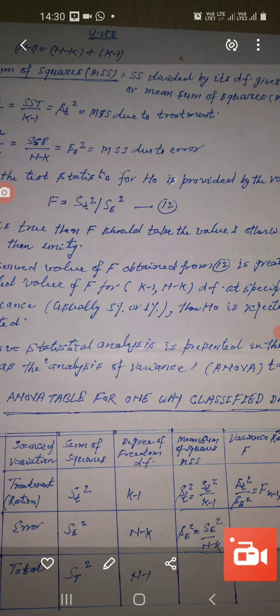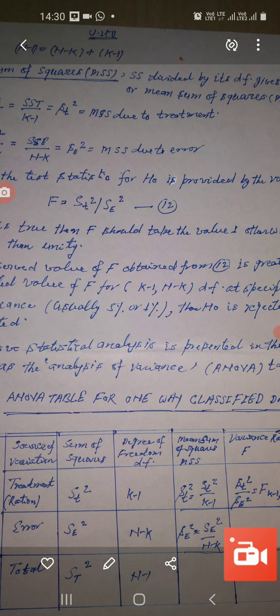In the variance ratio table we have ft and fv, and we calculate f, and we observe the tabulated value of f for given degrees of freedom, and we compare the result, and after comparing we conclude our result.